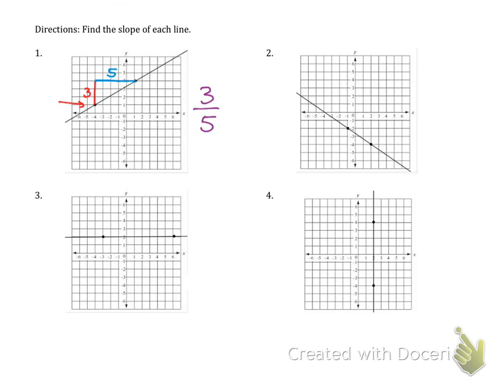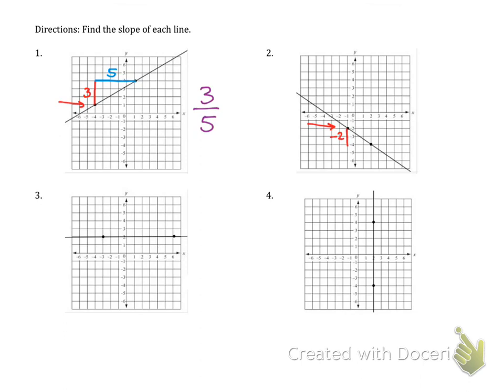Let's try the next one. Again, we want to think of going from left to right. So I'm going to start with my point furthest to the left, which is this one right here. In this problem, I'm going down 1, 2. If you're going down, that's the same thing as a -2.